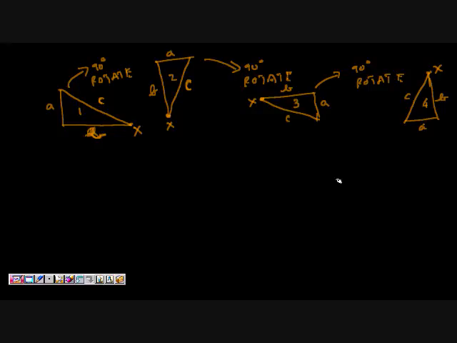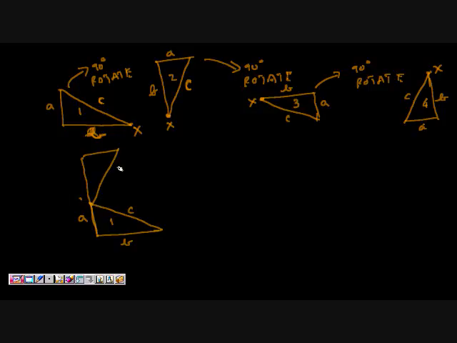Let's do one thing. Let's combine all these triangles together. So this is your first triangle. That's 1. So that side is A, B, and C. Now let's bring the second triangle on top of this. So that will be like this. So that's the second triangle.